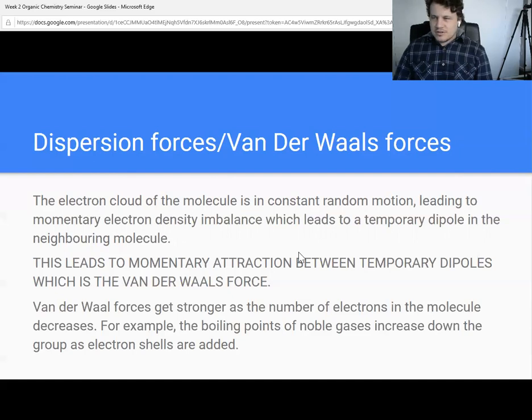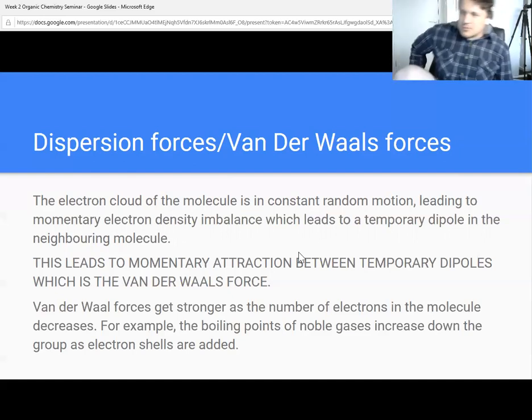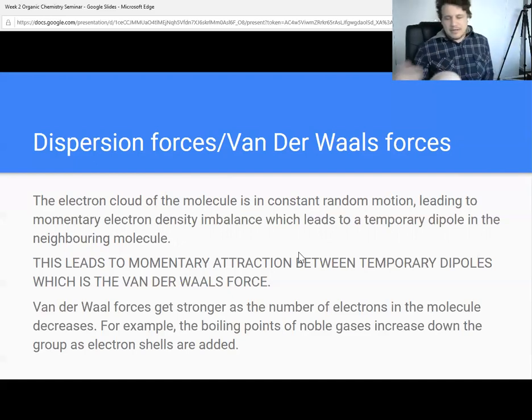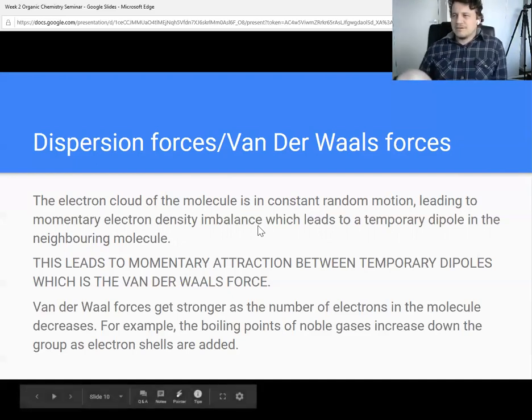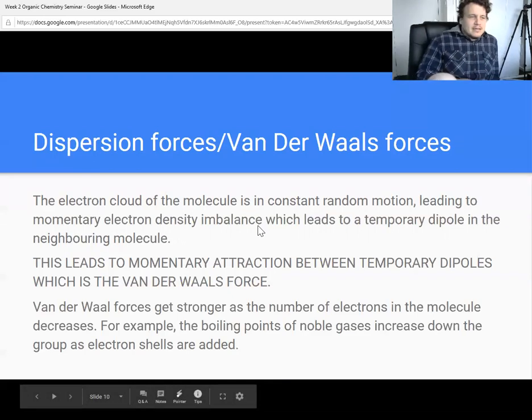So the electron cloud is all the orbits of the electrons. And there's no way to predict where an electron would be at any given time. I'm sure there's some weird quantum mechanics there, but again, talking about chemistry and what's reasonable here.